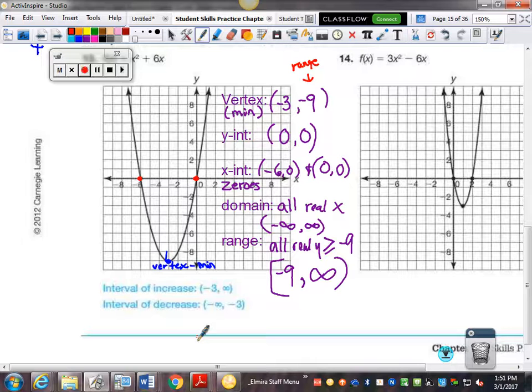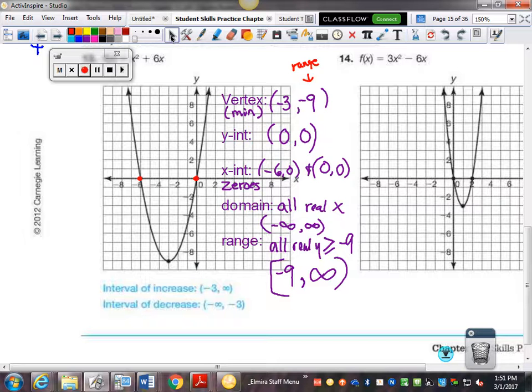The other thing that I'm having you do in 13 and 14 is interval of increase and interval of decrease, and that is officially what the directions tell you to do. Okay, and I'm going to move my graph out of the way to demonstrate this, just so it's not too cluttered.